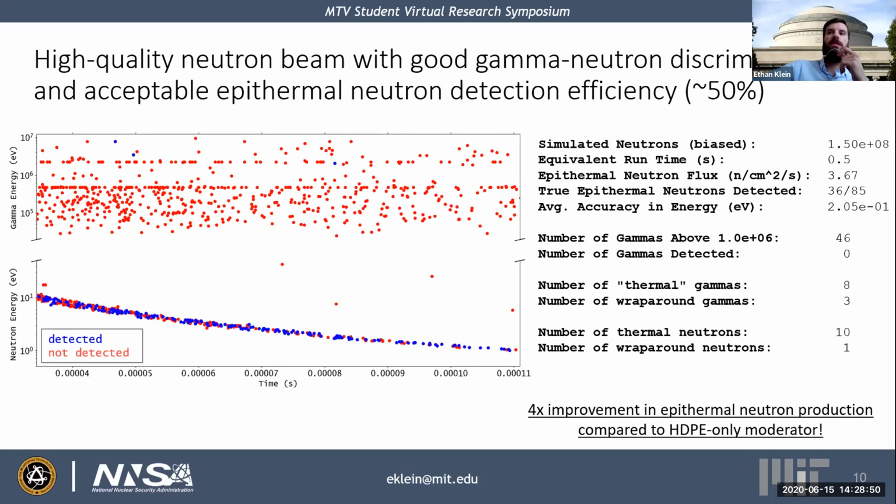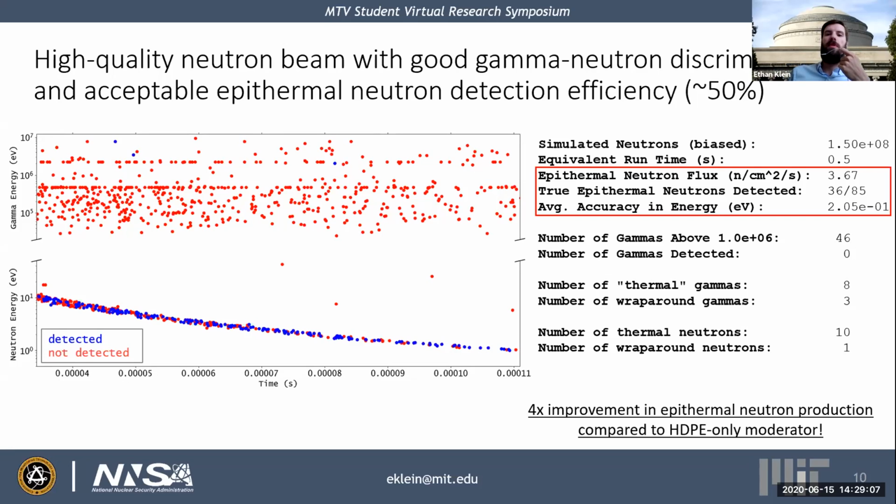The two key changes that we want to make based on our simulation results were, one, the use of the beryllium pre-moderator, and two, cutting the thickness of our lithium glass detector to improve our gamma-neutron discrimination.